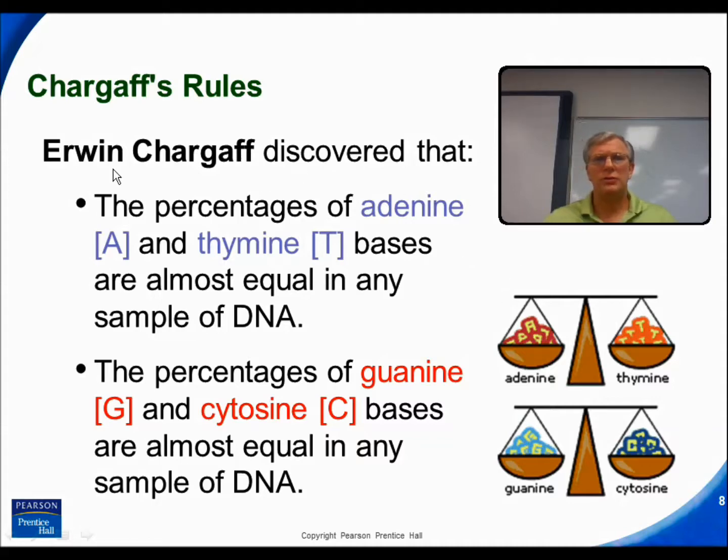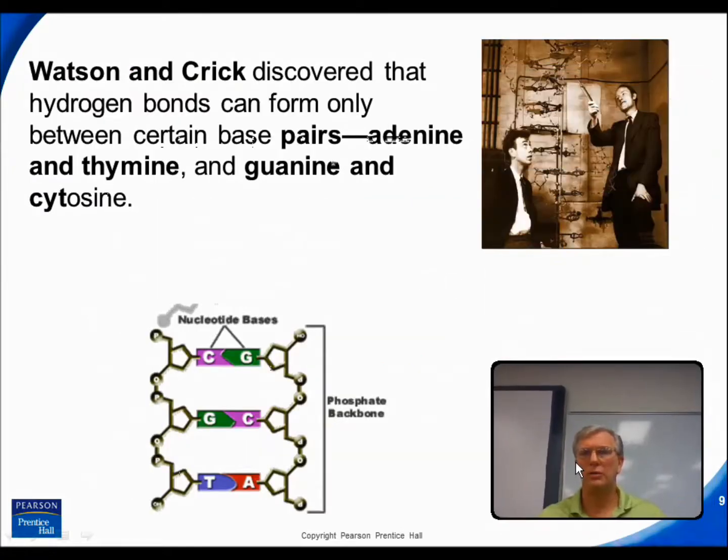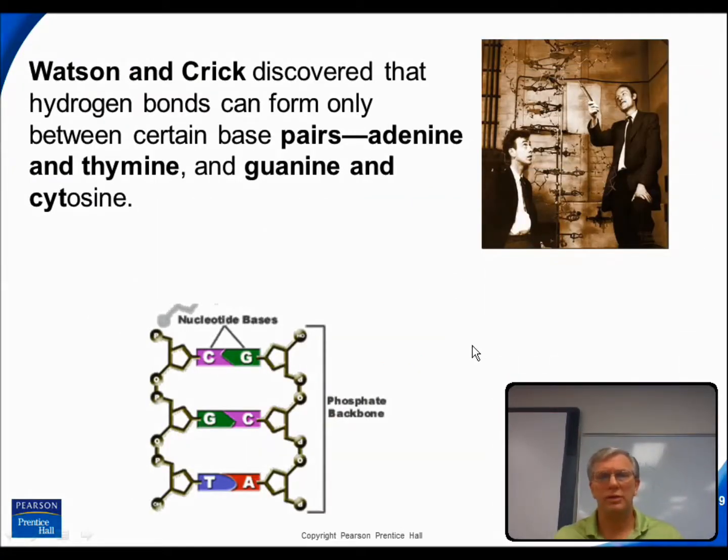His discovery was referred to as Chargaff's Rule. They had no idea why this was the case, but nonetheless, this was his observation. Some years later, along came Watson and Crick, who ultimately discovered the overall shape and composition of DNA.